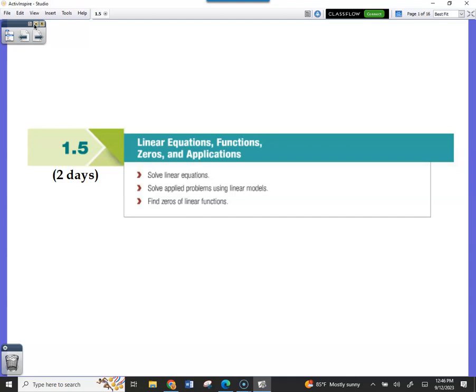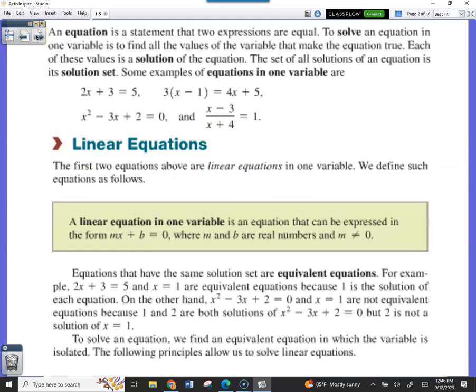Okay. 9.1 is thrown in there because it's solving systems of equations and word problems. In this lesson, we're looking at solving linear equations, a little bit more challenging than what you're used to, and then word problems with linear models, and then finding the zeros of linear functions. If you will turn to this slide right here, it is laying out for you the information from your textbook regarding a linear equation in one variable.